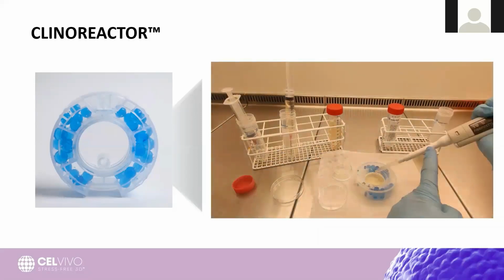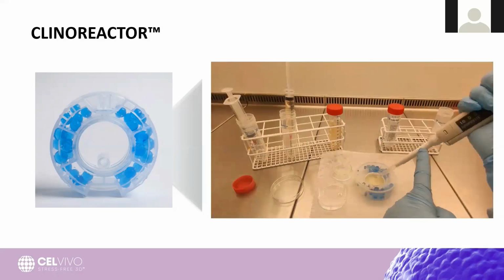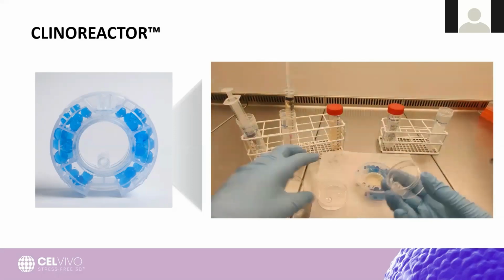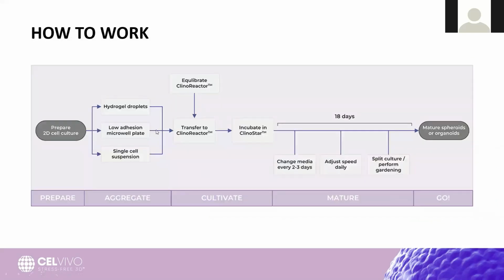And how you work with this system is actually much like a normal 2D cell culture workflow, where you cultivate your cells or your 2D culture, or you collect your biopsies or the sample you want to use, and then you select an aggregation method. And it can be, for instance, single cell suspension that is transferred directly to the ClinoReactor, or you can use these micropattern low adhesion plates, or you can use hydrogel droplets.